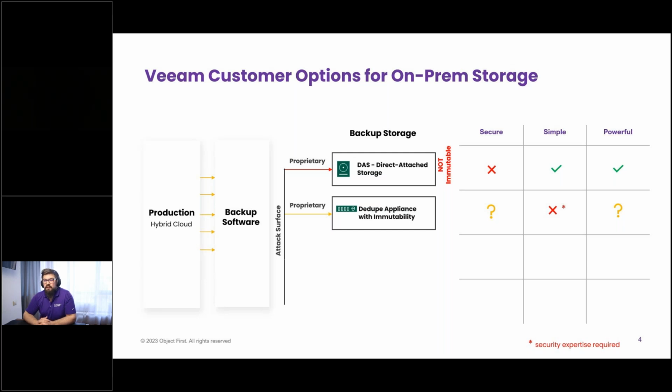Another category is dedupe appliances with immutability. It's immutable if the retention lock or immutability is in compliance mode, so even an administrator cannot remove these backups. They are usually simple. However, for some vendors, you should have a certification to manage it or find a third-party consultant, which you might already have in place.